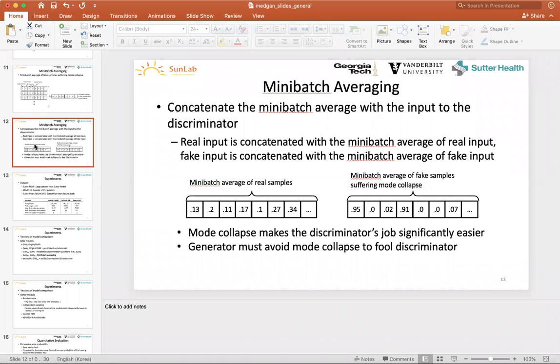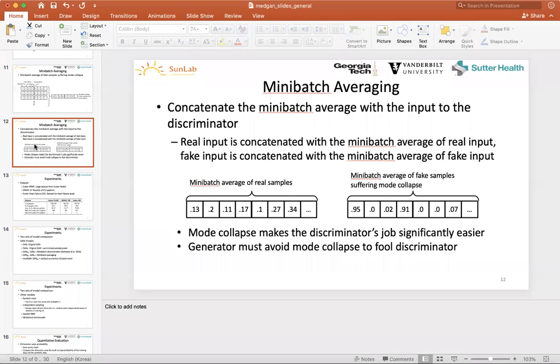For example, if your GAN always generates the same realistic image over and over again just to trick the discriminator, then you say that your generator has fallen into a mode collapse.